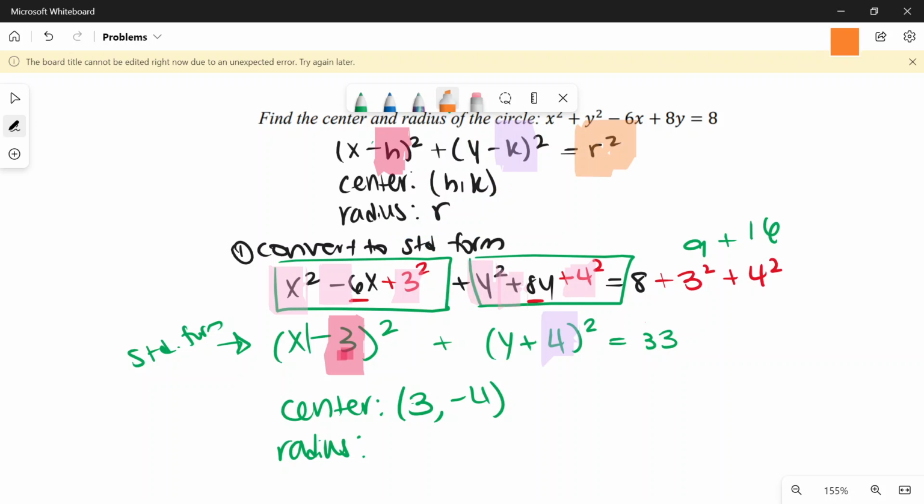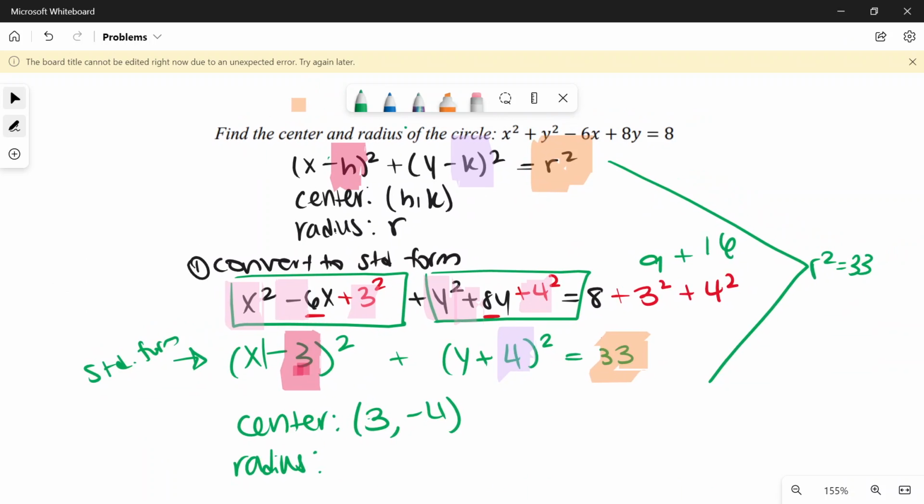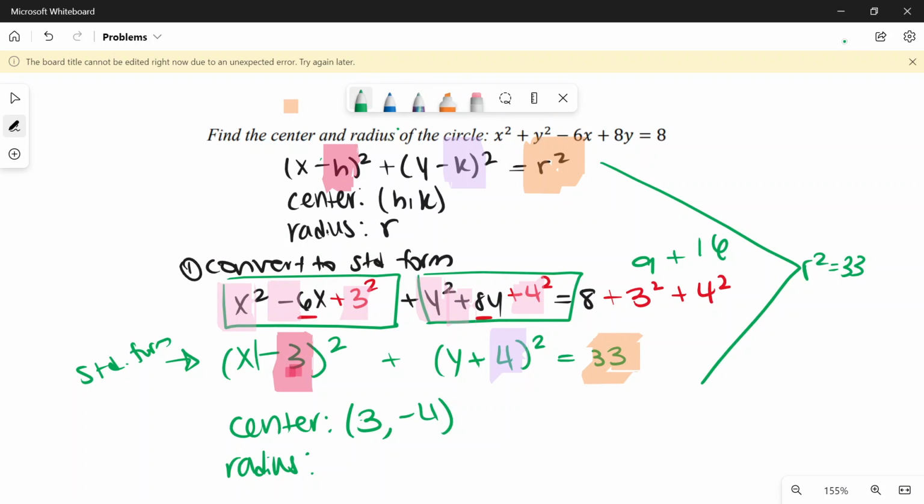And for your radius, it's r, but here's the thing, we don't have r given to us, we have r squared given to us. So we have r squared is equal to 33. All you have to do is solve for r. So you just take the square root, because you don't want this squared. To undo a square, you have to take the square root.